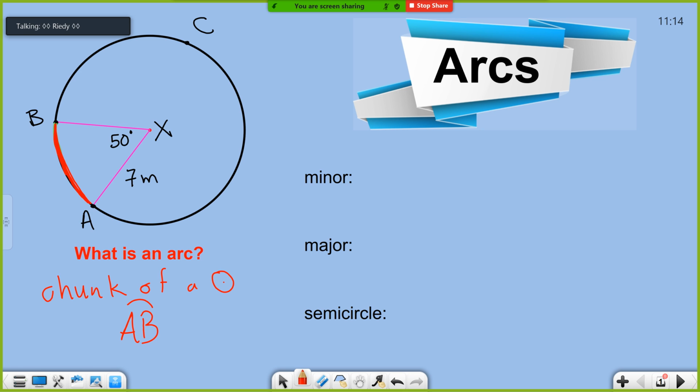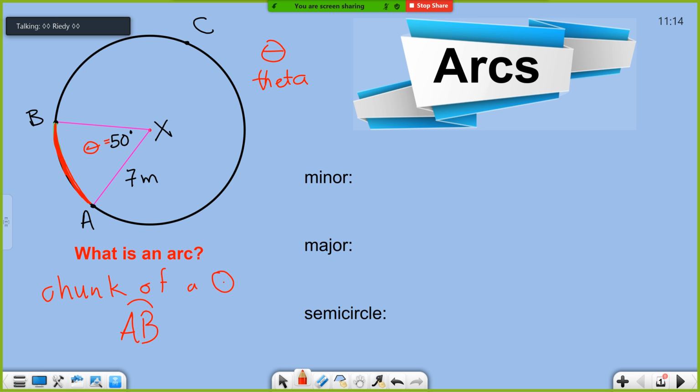Now, getting into the three different types of arcs. One thing we've used before, if you'll recall, is theta. It's a Greek letter, and we commonly use theta to represent an angle measure. So we're going to pretend we don't know that's 50, and we're just going to call that theta. So we'll say theta is equal to 50. There are three different types of arcs. First of all, hopefully you all realize that our arcs are going to be measured using angles.